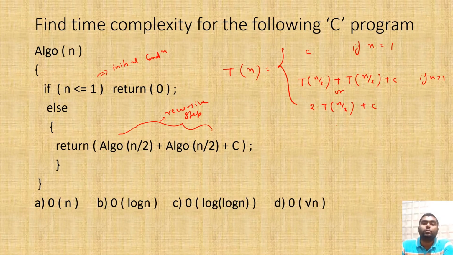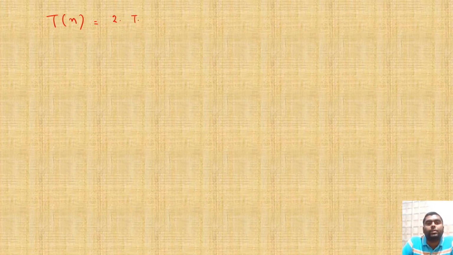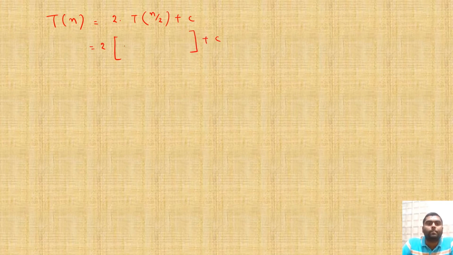Okay, so we can easily solve this particular problem. The recurrence relation is T of n equals 2 times T of n by 2 plus C. Just apply substitution over here, or you can also use Master's method.